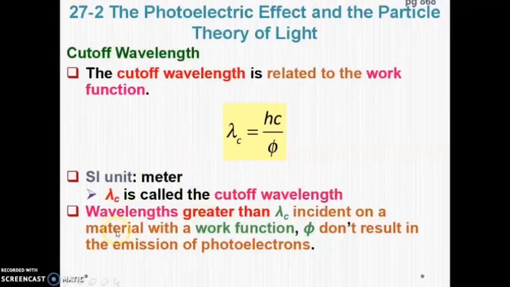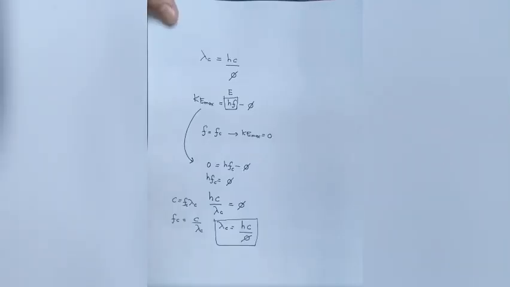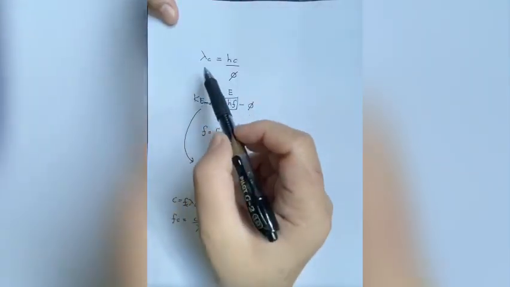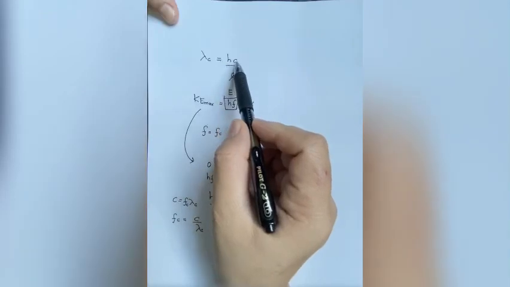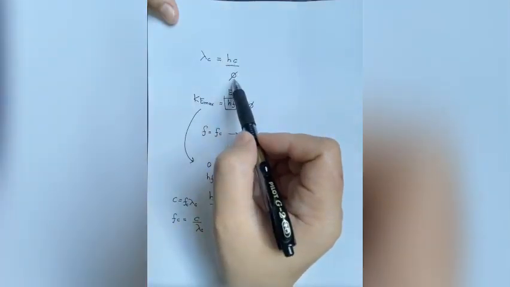A wavelength greater than lambda c incident on the material with a work function does not result in the emission of photoelectrons. To be clear, the formula of the cutoff wavelength is lambda c equal to hc divided by the work function.